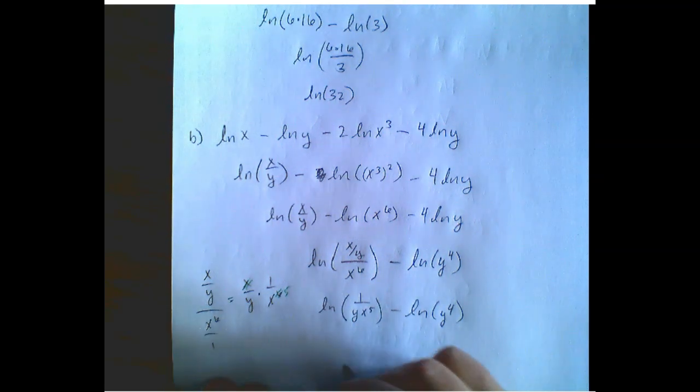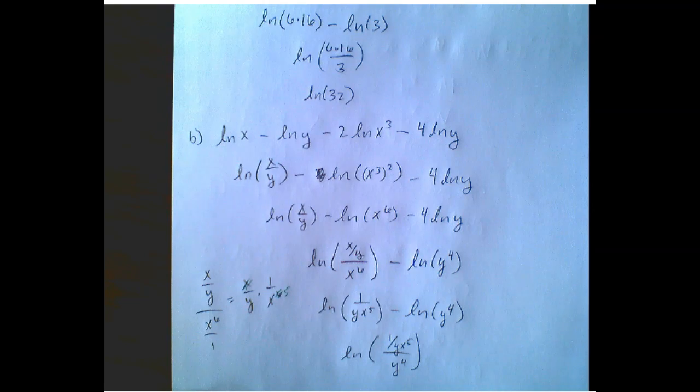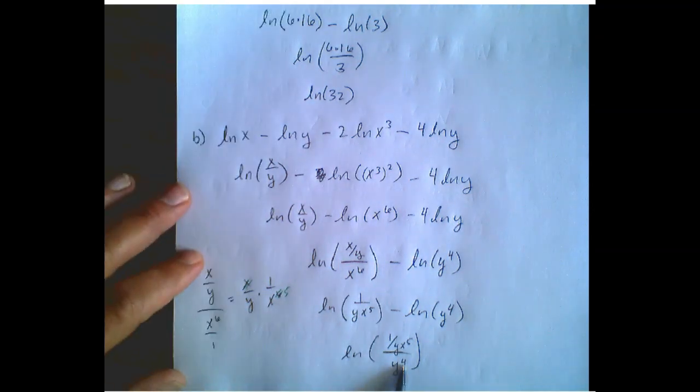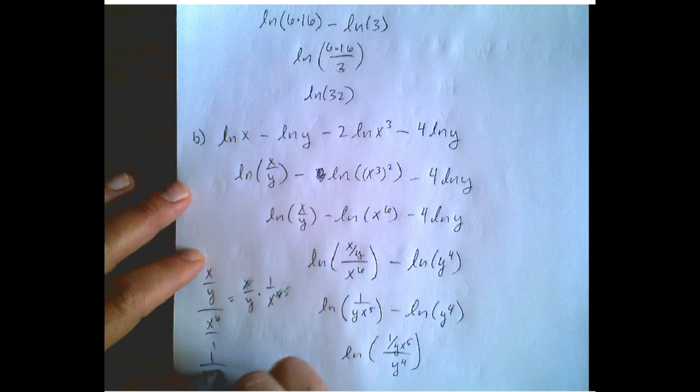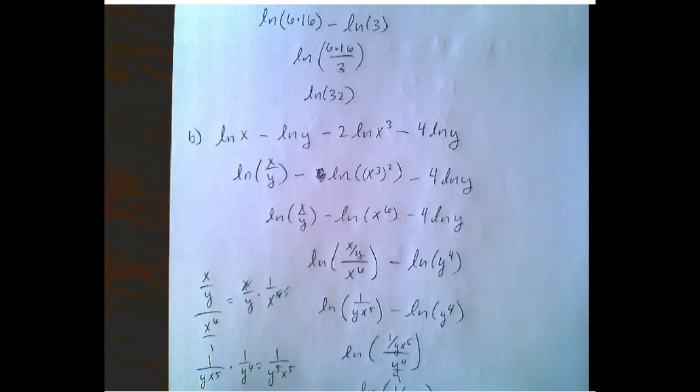And one last condensing gives 1 over y x to the 5th divided by y to the 4th, which we can also simplify. So 1 over y x to the 5th times this reciprocal 1 over y to the 4th, which is 1 over y to the 5th x to the 5th. This is natural log of 1 over y to the 5th x to the 5th. All right, you should be able to do your assignment now.